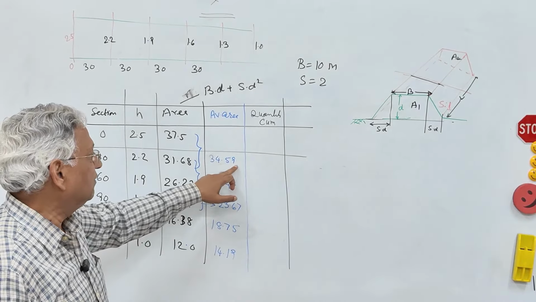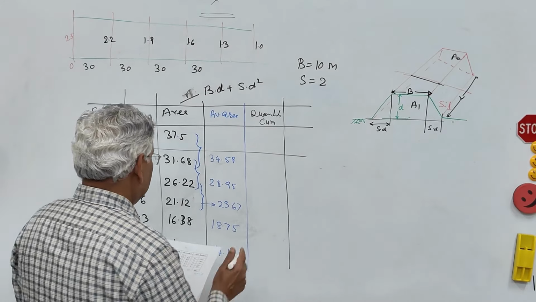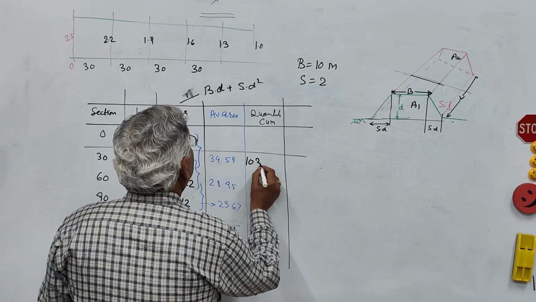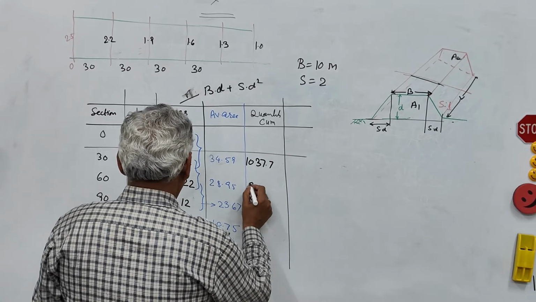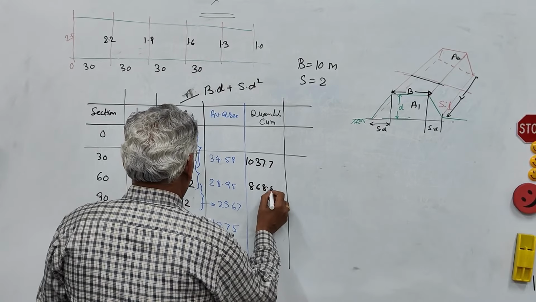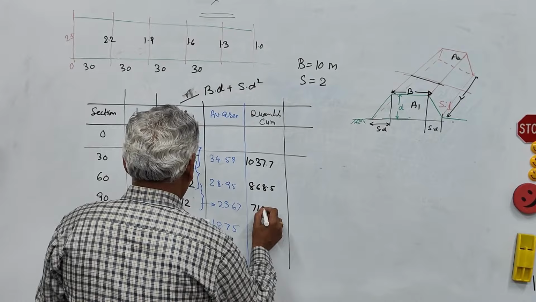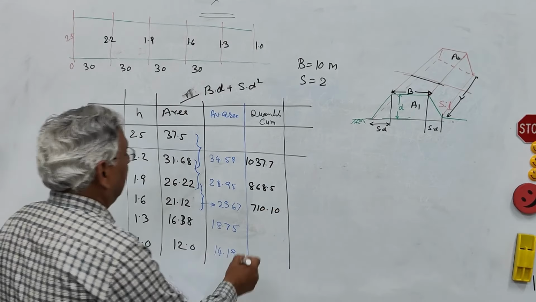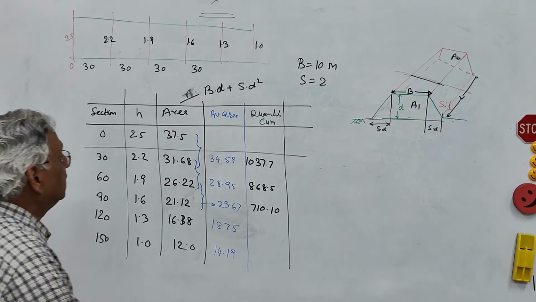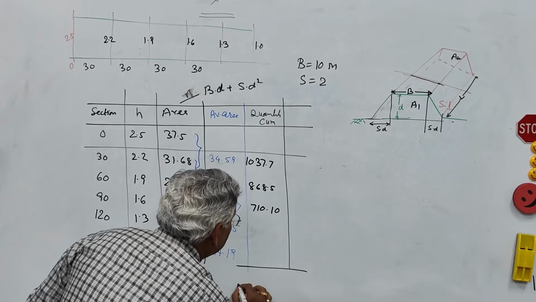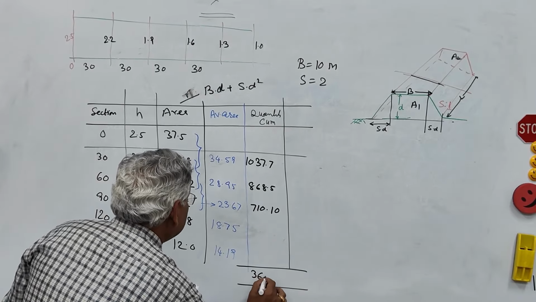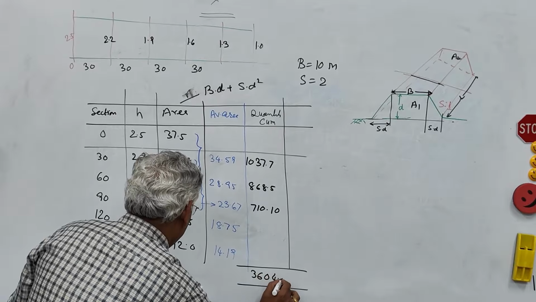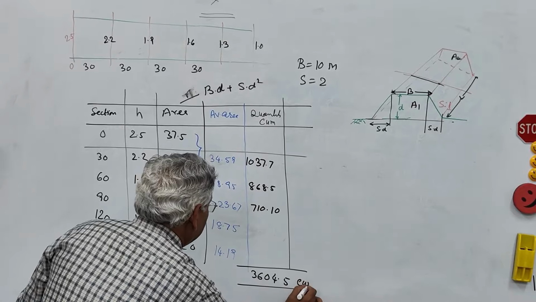So 34.59 into 30 is 1037.7 meter cube. 868.5, 710.10, like that. And you can take the sum of all these values, you get the final total earthwork as 3604.5 cubic meter.